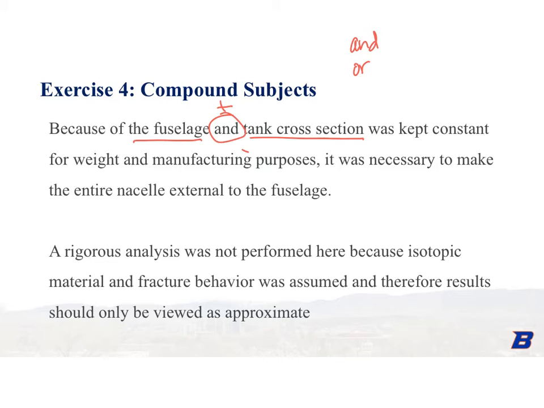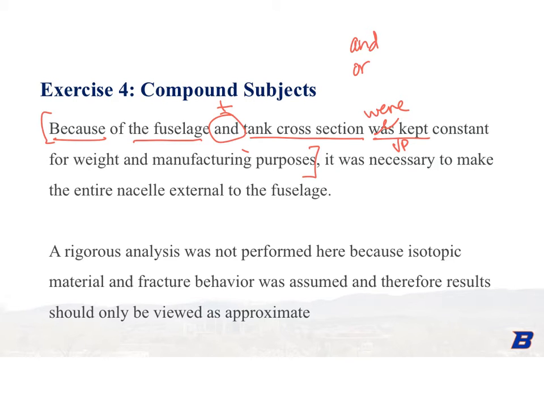So "were kept" is your verb phrase, "for weight and manufacturing purposes." Because it starts with "because," this is a subordinating conjunction. This makes all of this phrase a dependent clause, and you can't have that be by itself, so it's dependent on the next clause.